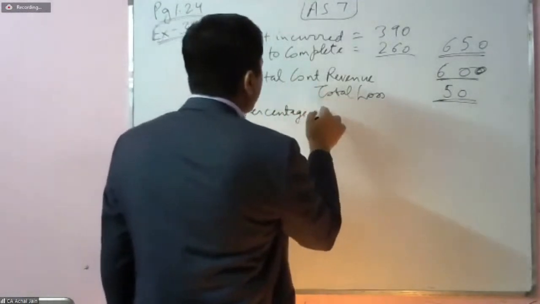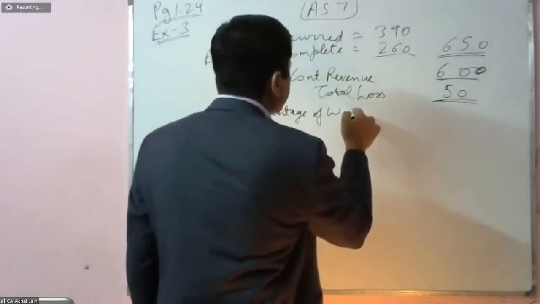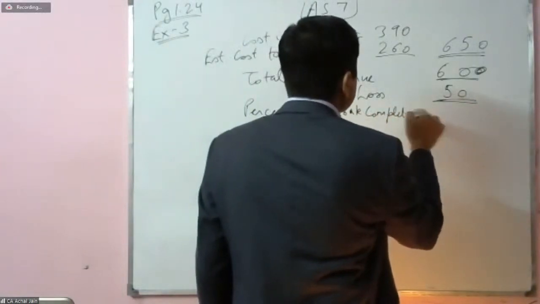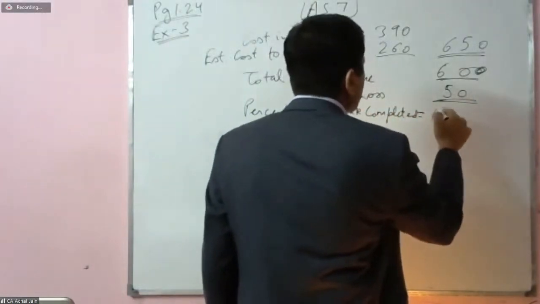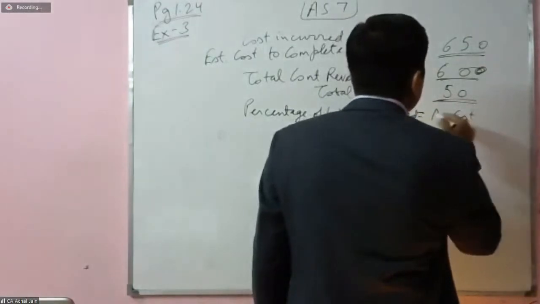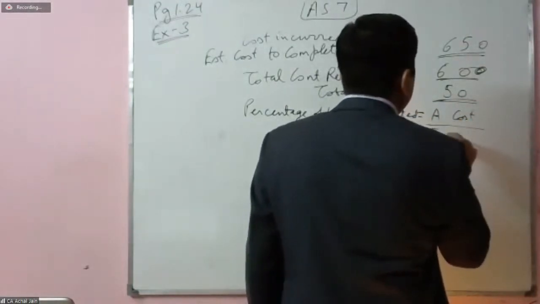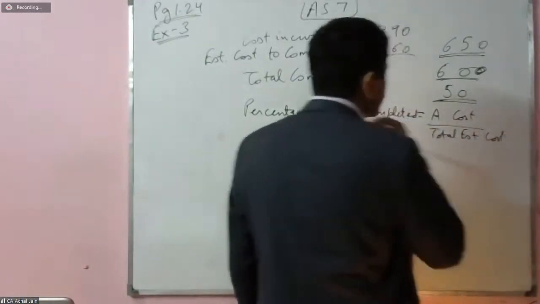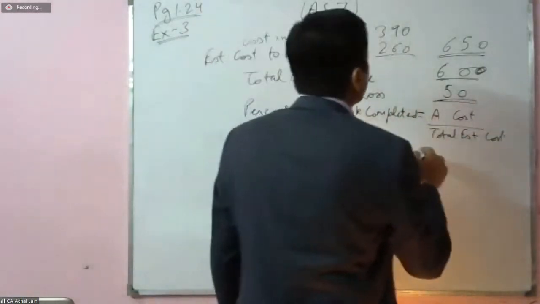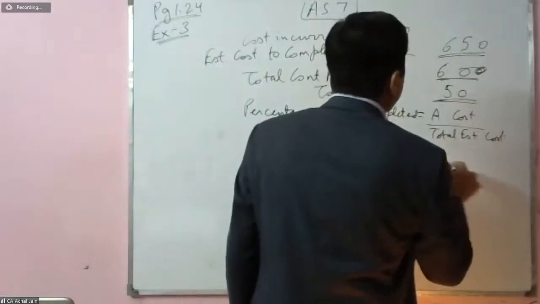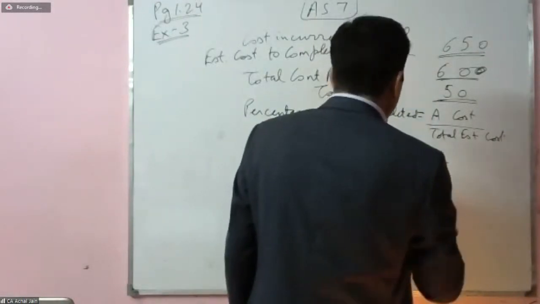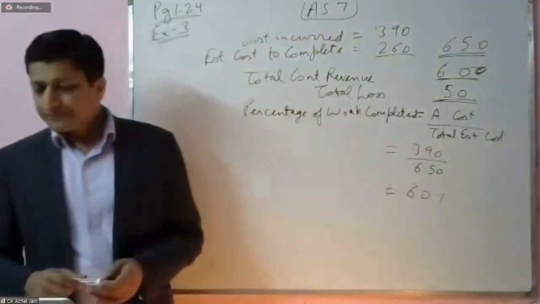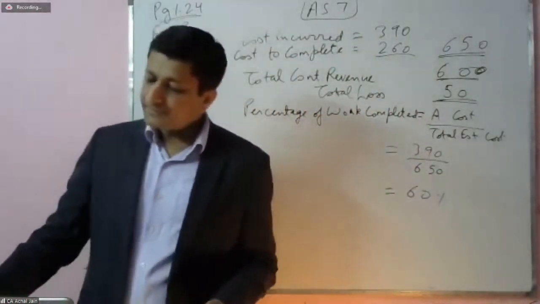Percentage of work completed is what? Actual cost divided by total estimated cost, which is 390 divided by 650, which is 60%. Correct?